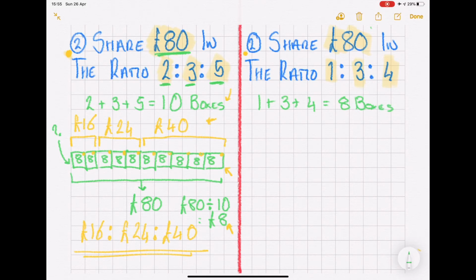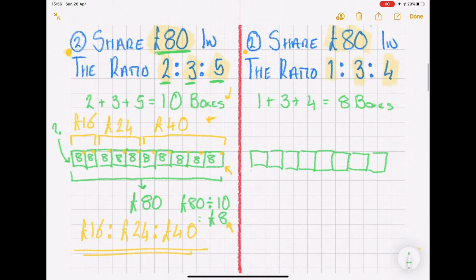Okay, let's draw out our 8 boxes. So there's 8 boxes there. And we're saying all those 8 boxes added together have a worth of £80.